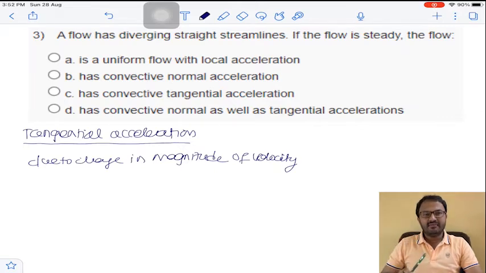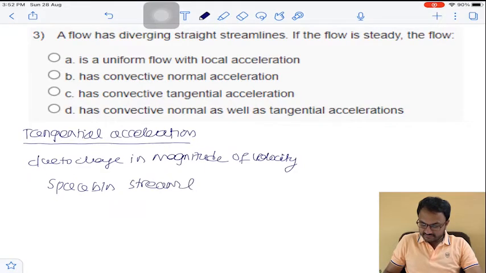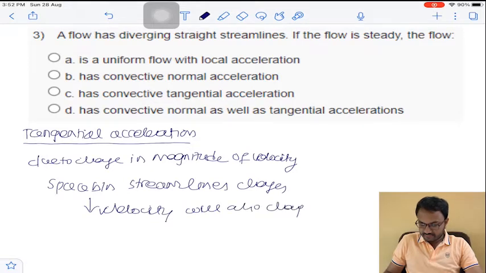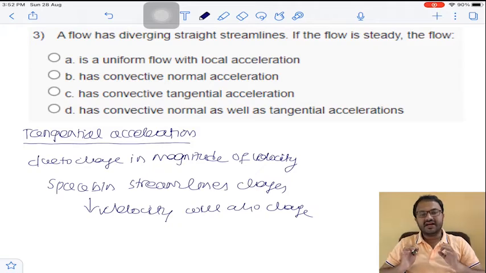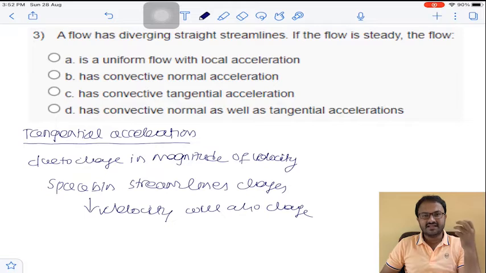Generally, streamlines have different spacing. So the space between streamlines changes, velocity will also change. So here the conclusion is when the spacing between the streamlines changes, that particular flow has tangential acceleration.